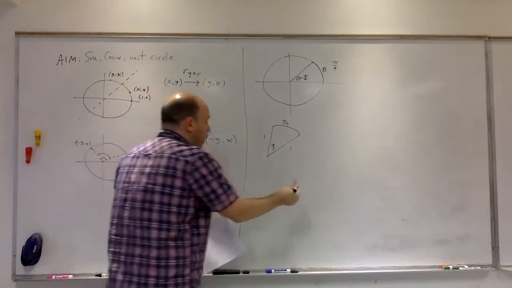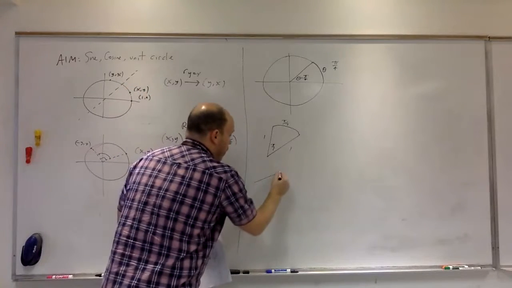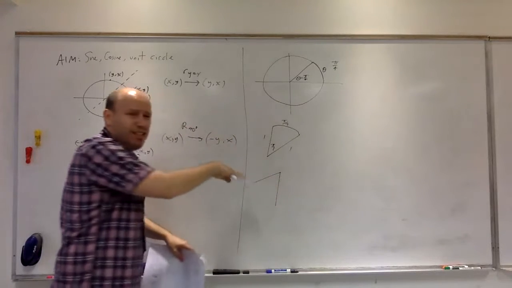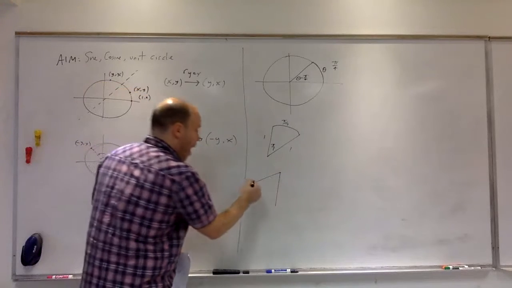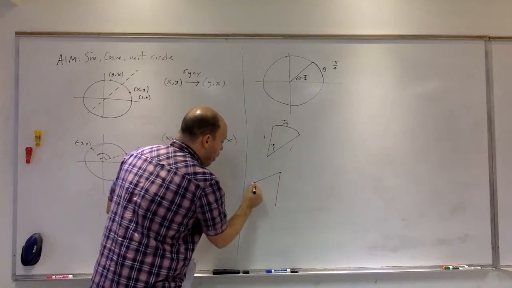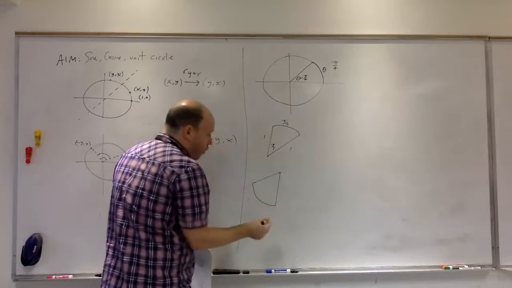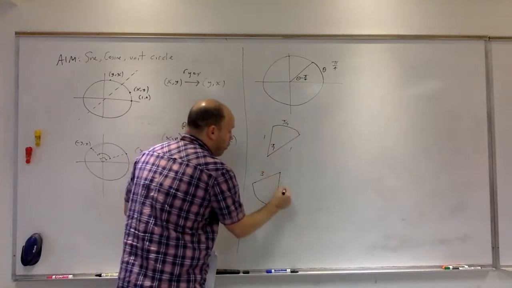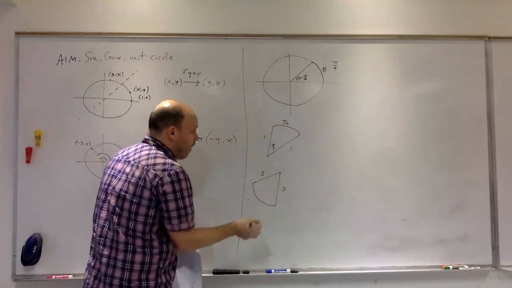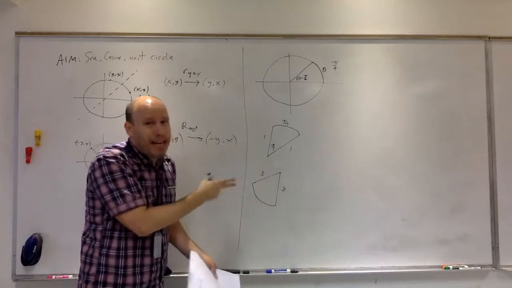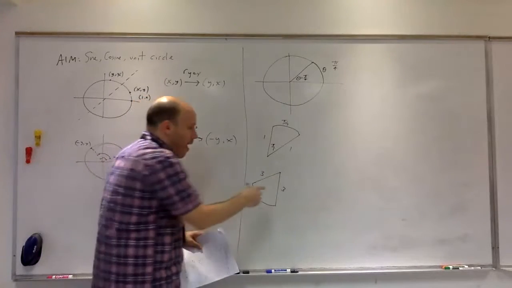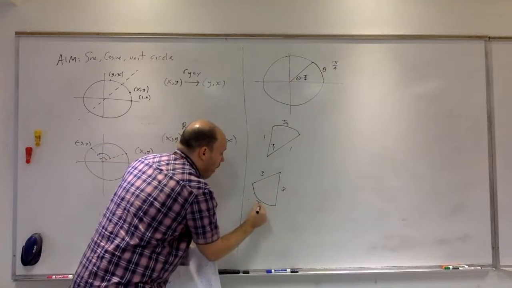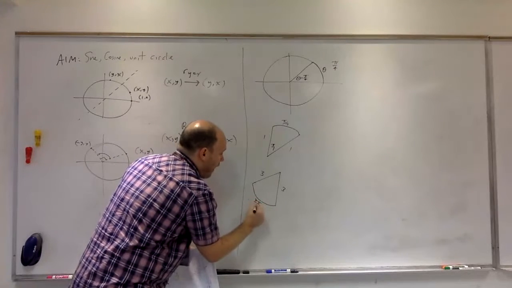Here's another angle, separated from a circle, with an arc measurement of 3 pi over 8 and a radius of 3. Remember, that's where it came from.